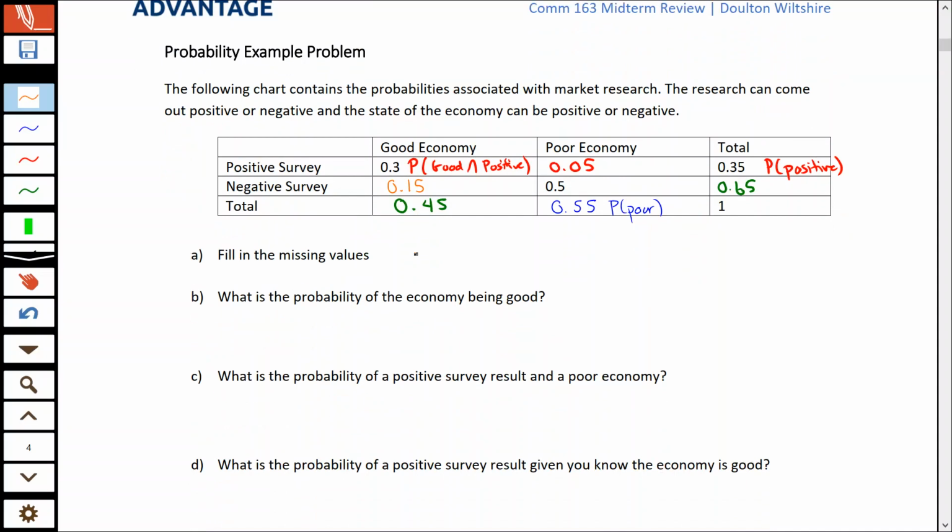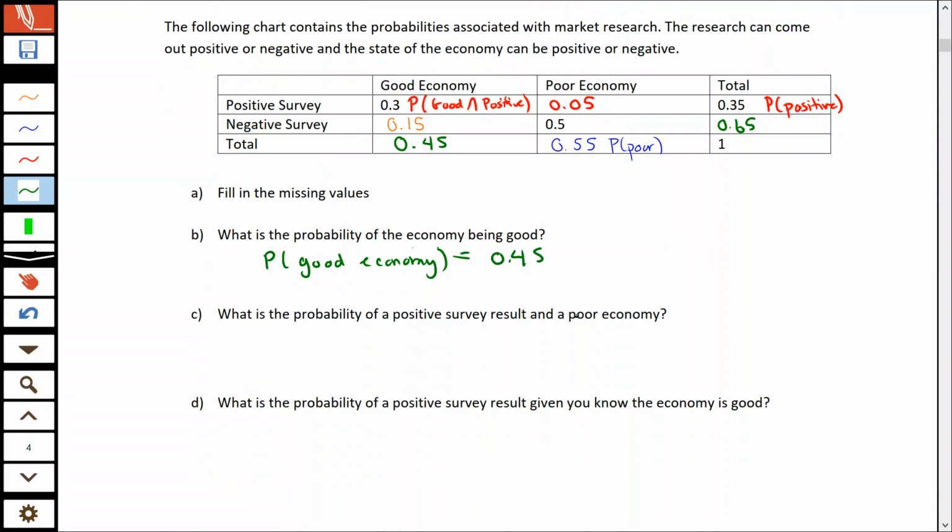So it asks us, what's the probability of the economy being good? Well, we've just determined that above. The probability of a good economy is going to be 45%. Okay. It asks us, what is the probability of a positive survey result and a poor economy?